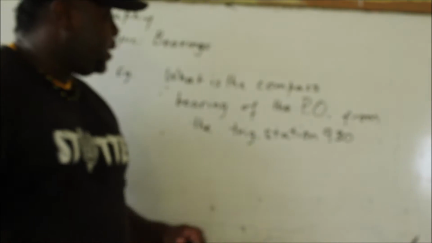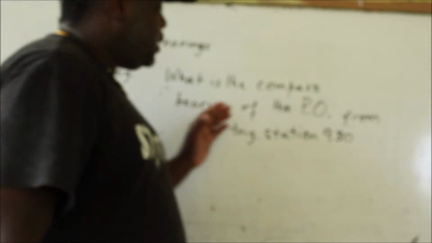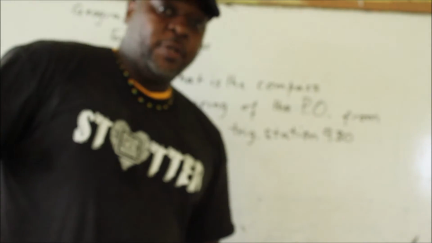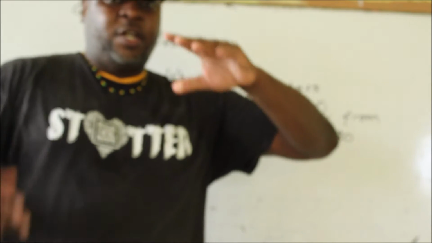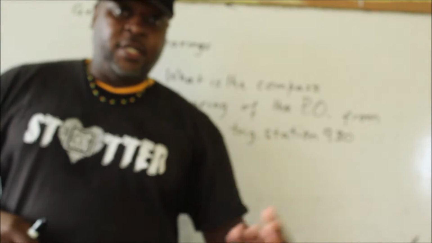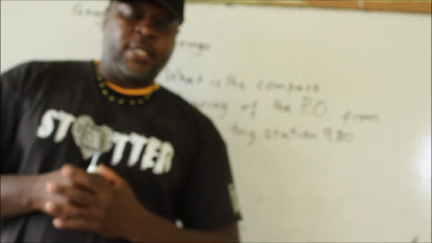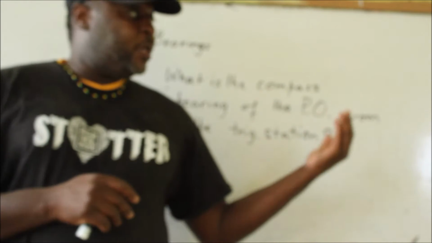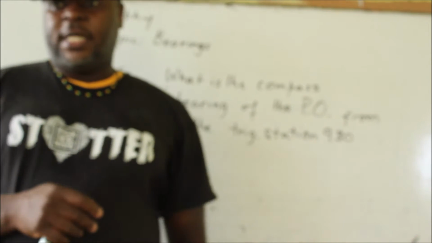So for example, what is the compass bearing of the post office from the trig station 930? Of course, we're making up this example, but on your map that you're given, you would see the actual places or features that are on the map, and the question would normally look like this.